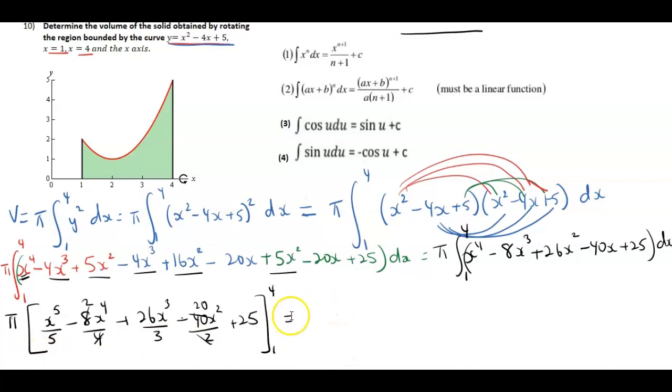So we do all of that and we put in our 4 and our 1, we will get 78 on 5 pi units cubed, right? So you're supposed to substitute your 4 in each value here, simplify, substitute your 1 in each value here, simplify, and minus the two answers. So this will be our final answer. Of course, we put a cube because it's volume we're dealing with.